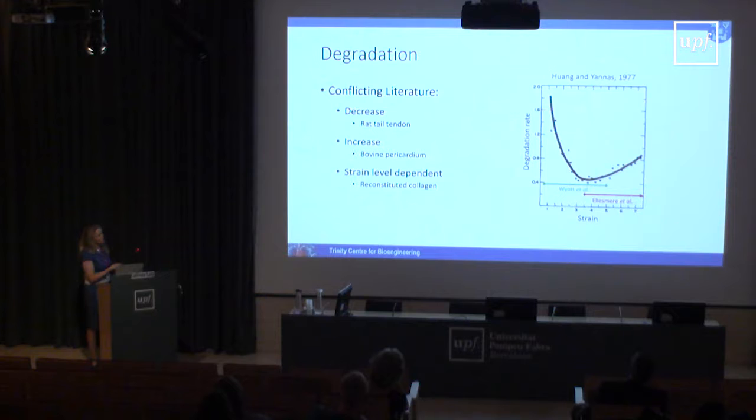At the lowest levels of strain, degradation is increased. As you increase the strain to a level that we would see physiologically, degradation reduces. And as you go further up into more pathological strains, strains that we shouldn't see unless something has degraded or we're putting in a medical device, we again see further increases in degradation.